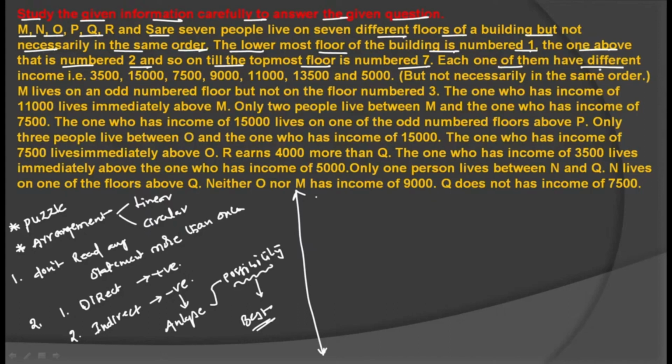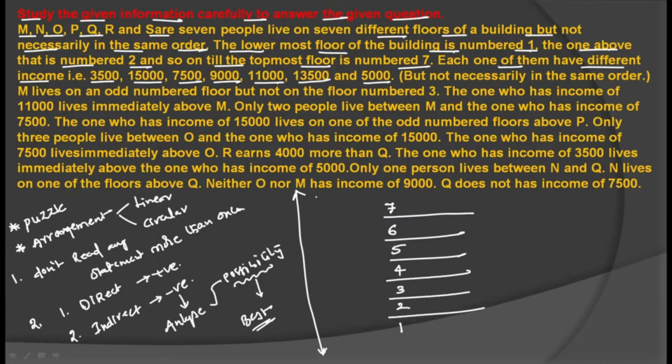Now, each one of them has a different income. The respective incomes are 3,500, 15,000, 7,500, 9,000, 11,000, 13,500, and 5,000, but not necessarily in the same order. Now, the 7th floor, 6, 5, 4, 3, 2, 1.